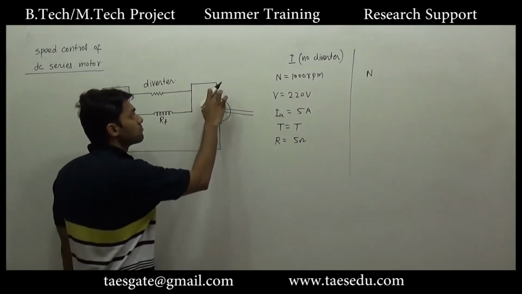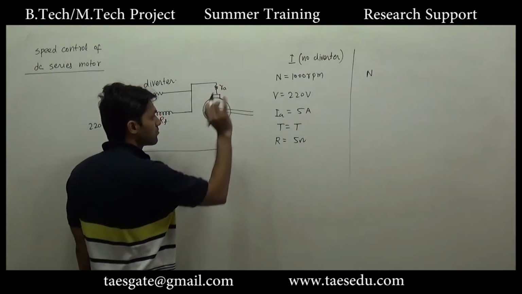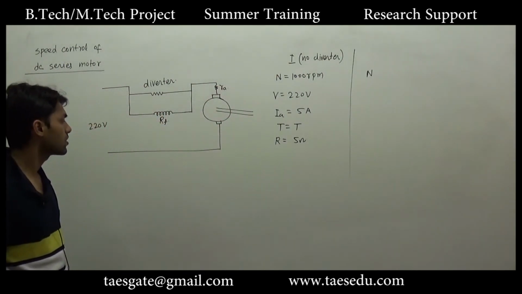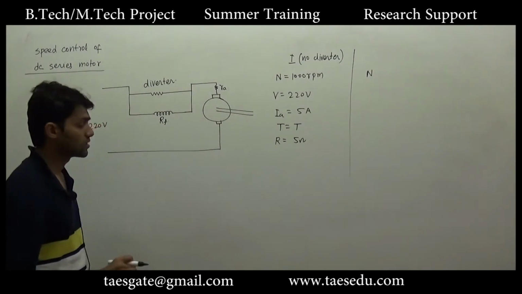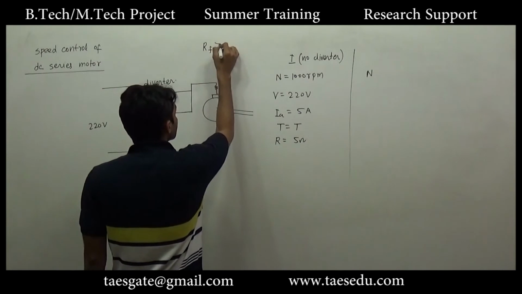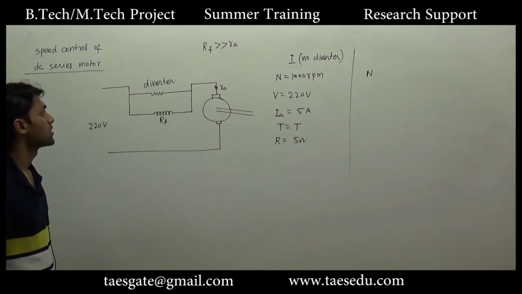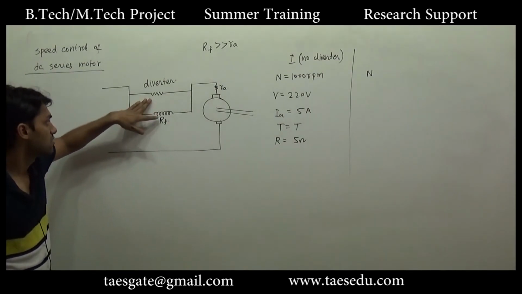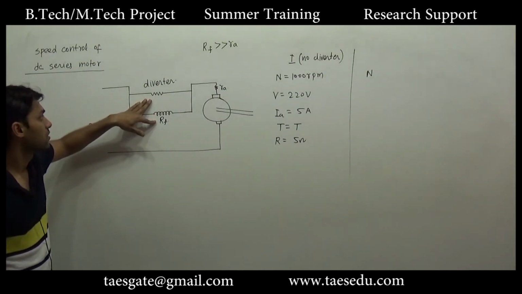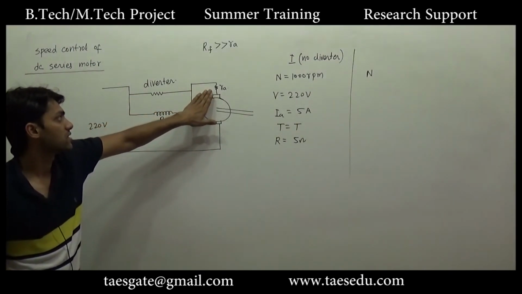So there will be some armature resistance Ra, but in most DC series machines, the field resistance is practically much greater than armature resistance. So even if you connect a resistance parallel to field resistance, the value of this combination will be much greater than armature resistance.